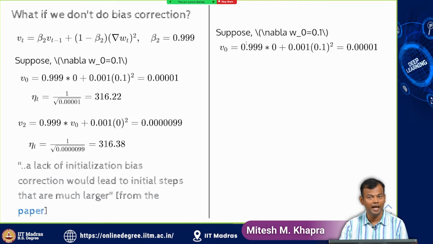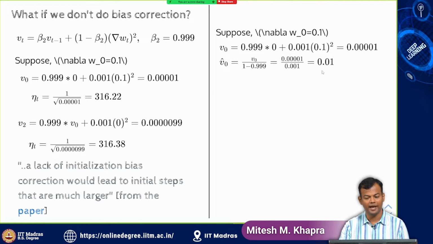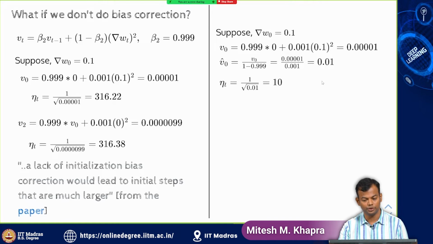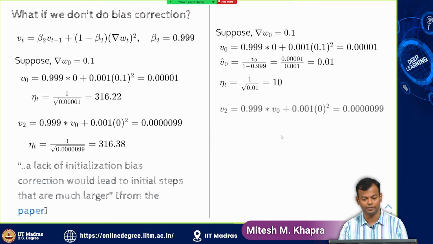But now if I had done bias correction, and I had the same situation, my W naught was 0.1. So now V naught is this, the bias corrected value is 0.01, and if I substitute this bias corrected value in eta, my effective learning rate is 10 as opposed to 316 here, right?